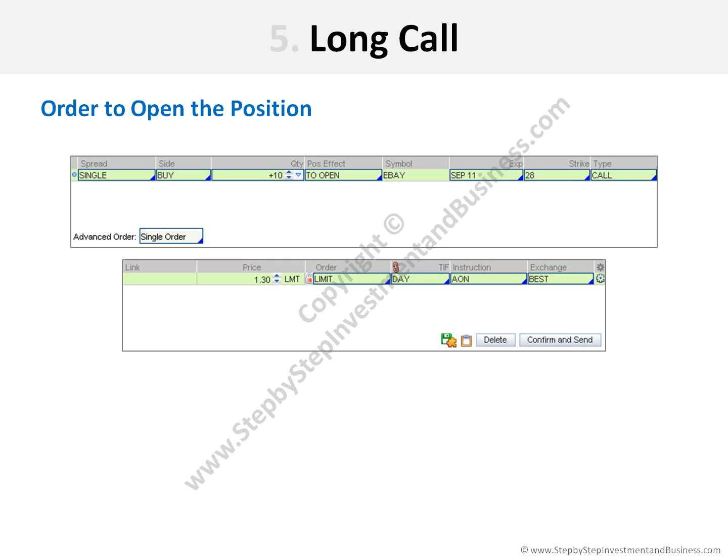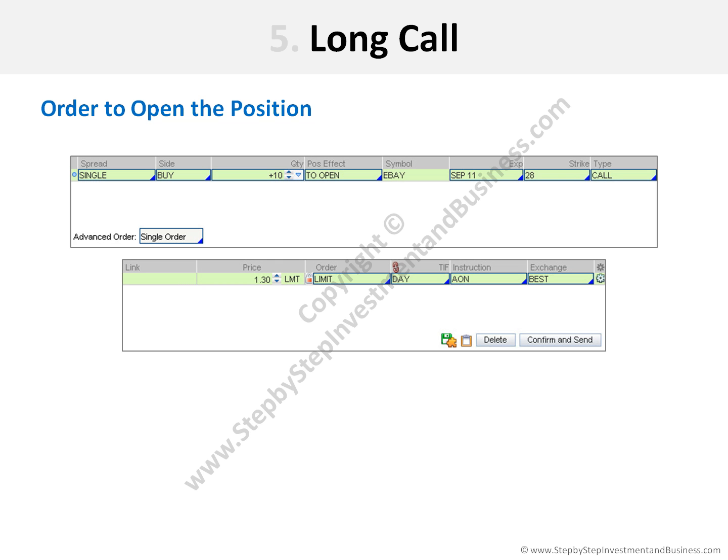The entered price is $1.3, and the order type is Limit. That is, we want to buy the options at a maximum price of $1.3. Remember that the premium of an option contract is expressed per share.